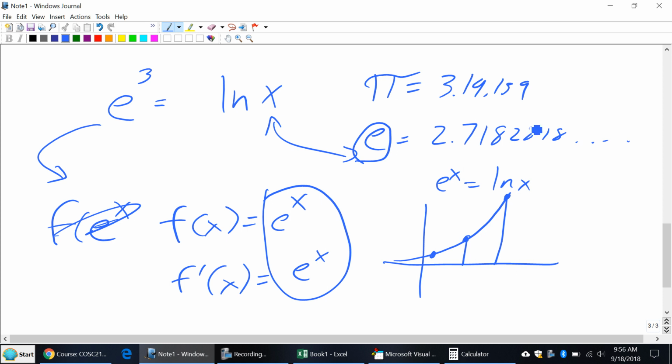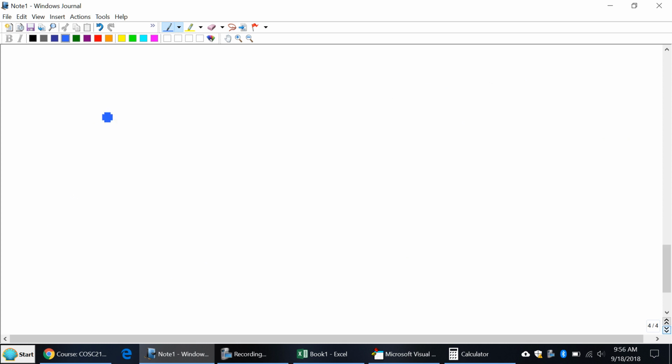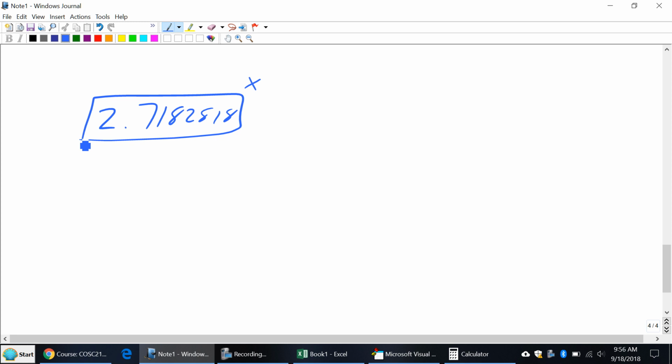We're going to write a little program that calculates e to the x, or 2.7182818 raised to the x power. You might ask where this comes from. This is e, and it comes from something you'll learn later on.